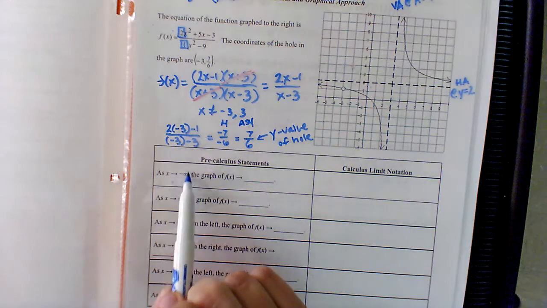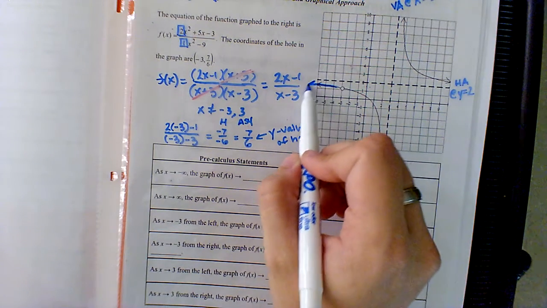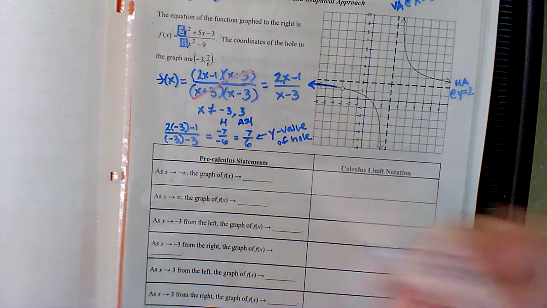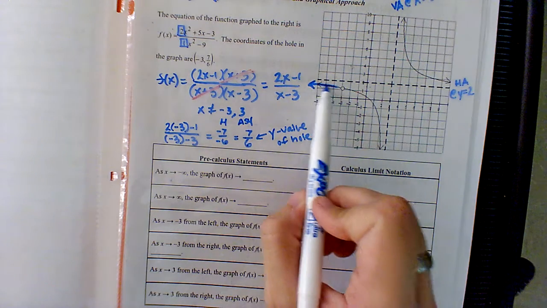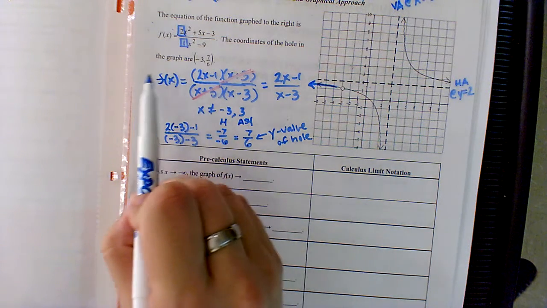So as the x values get really, really negative, meaning as you travel really far to the left, what is the graph approaching? If you were to continue to trace this, what are you getting closer and closer and closer to?